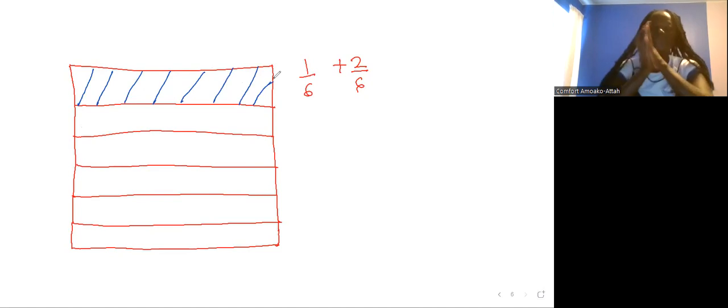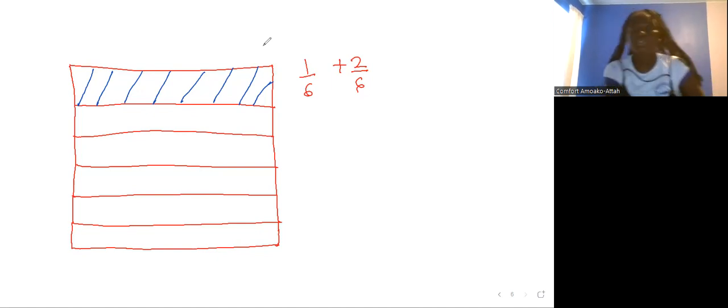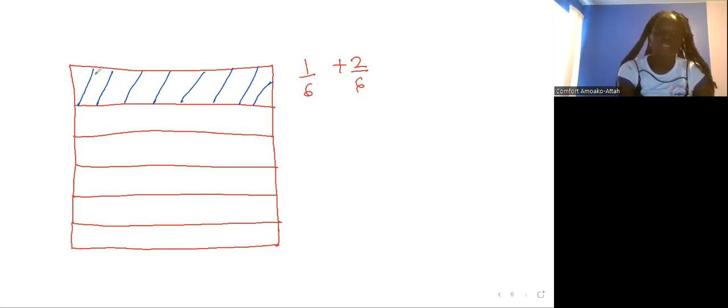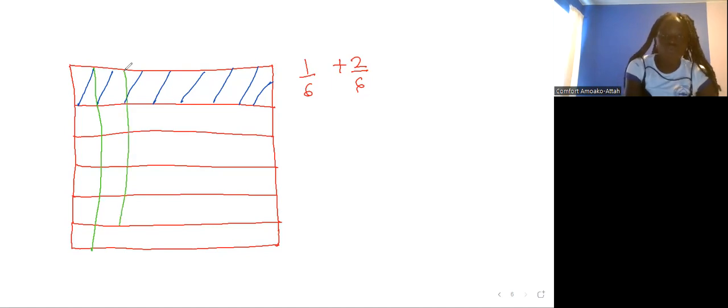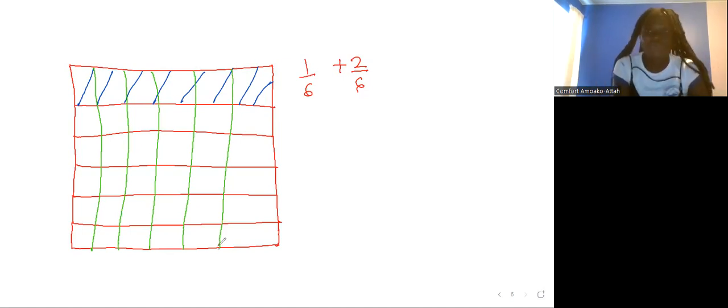Good. Then the second fraction, we also divided it into how many parts? 6 equal parts vertically. So let's do it. 1, 2, 3, 4, 5, and 6. Your divisions should be equal, okay?